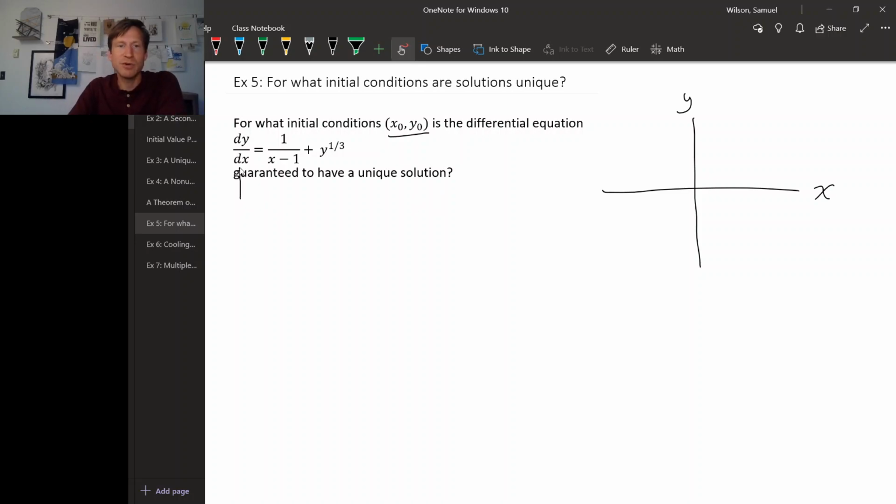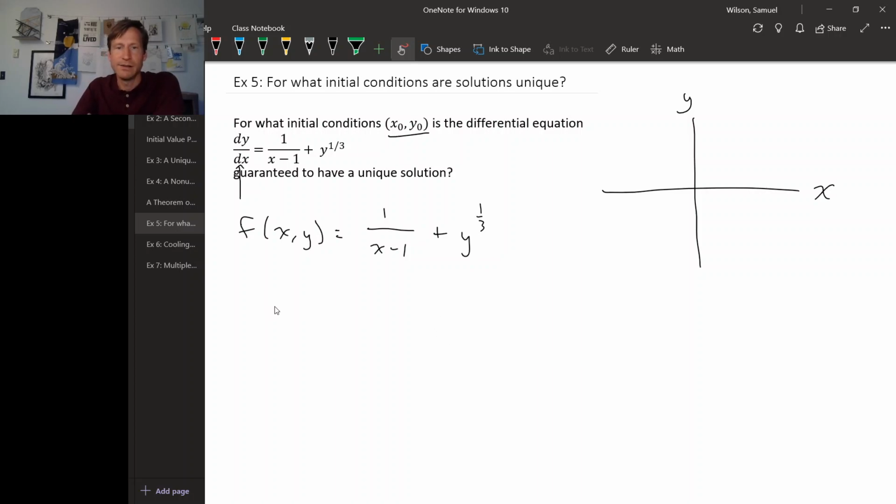We already have this equation arranged so that dy/dx is by itself on the left-hand side. So the right-hand side of this differential equation is what counts as f(x,y). So that's 1 over (x minus 1) plus y to the 1/3.